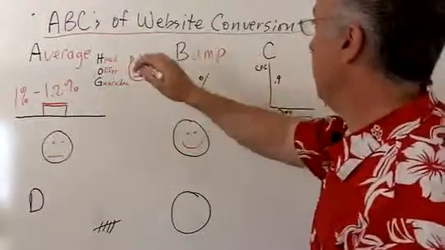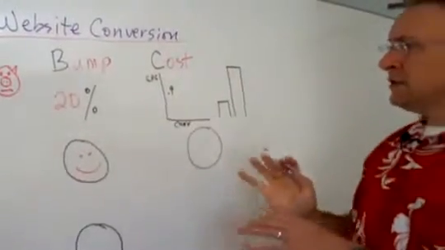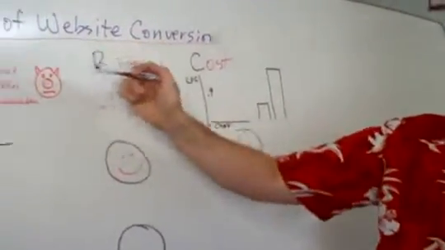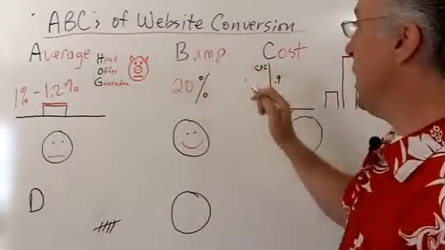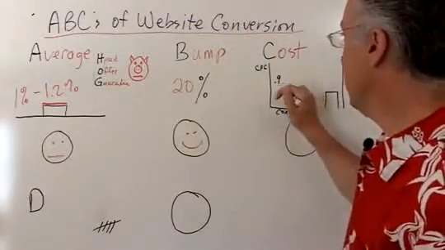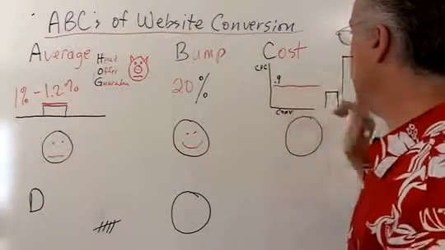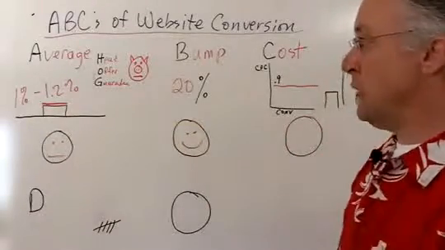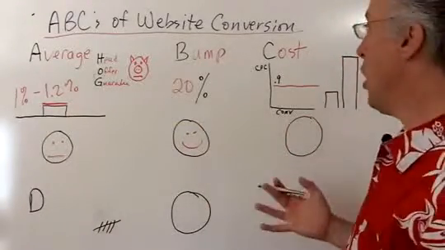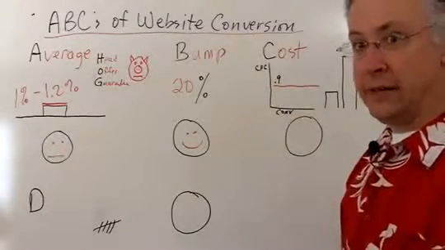Now the next thing, average bump, C, is cost. Here's the thing. If you can change your headline, your offer, your guarantee, or something else, and get a bump in your conversion, the cool thing is that your cost per conversion is going to stay steady. It's not going to change. In other words, you raise this from 1 to 1.2, the cost per conversion is not going to increase.